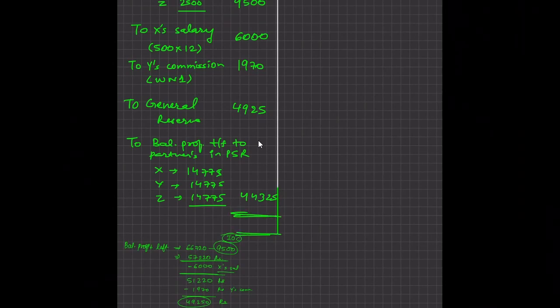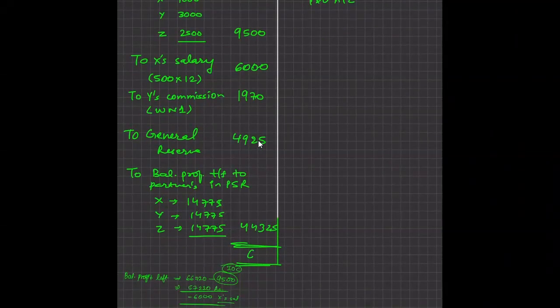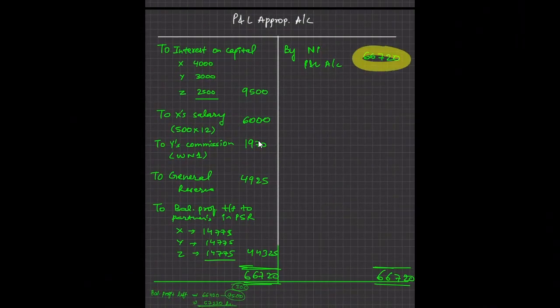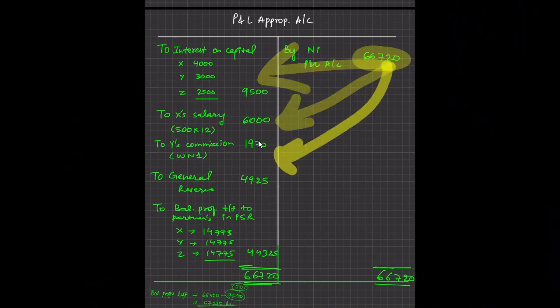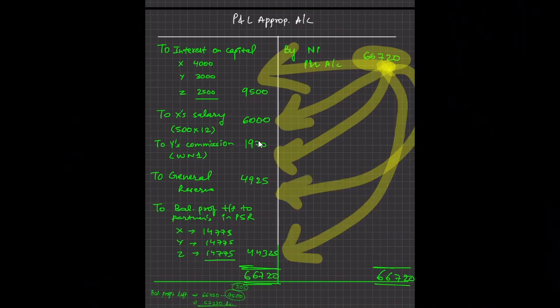Here the total would be 66,720, and on the credit side also it is 66,720. So what I have done by this whole picture, I have distributed my 66,720 to interest on capital, to X's salary, to Y's commission, to general reserve, and to the profit.